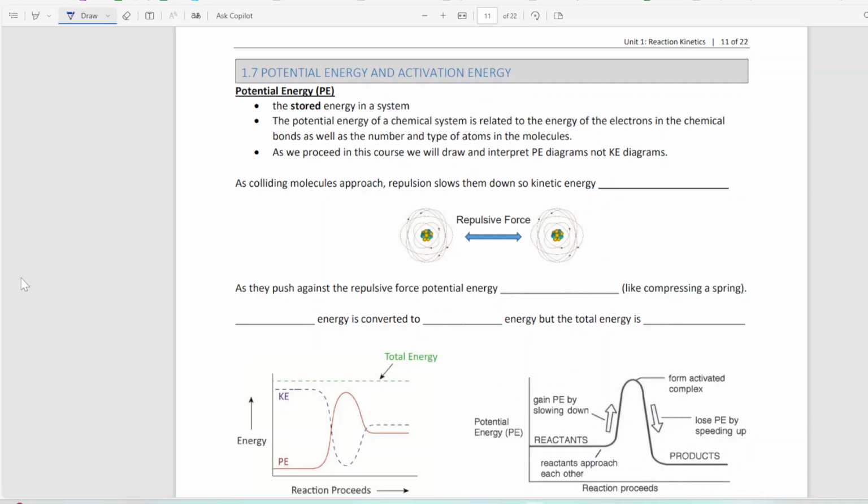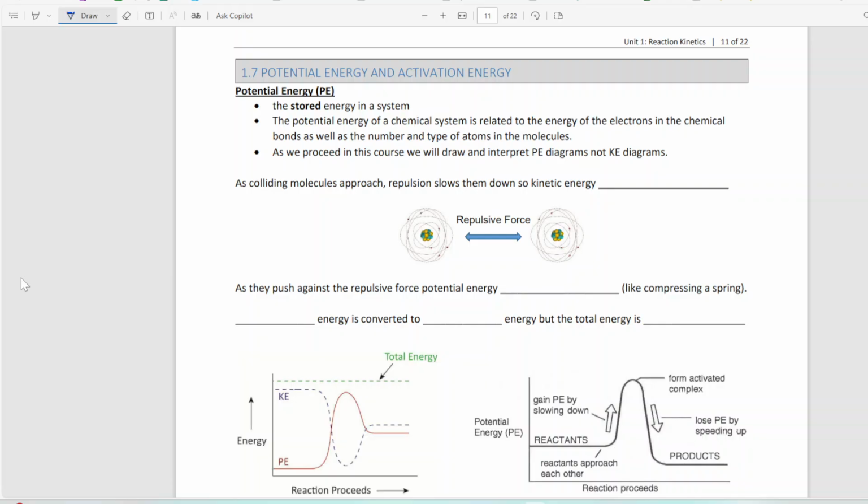When you're going to have a reaction, the molecules collide. But before they collide, the colliding molecules are going to approach each other, and there's going to be this weird repulsive force. So, repulsive force is when they push against each other. So, you've got these molecules whizzing towards each other, and then they get closer and closer, and they start repelling, so wanting to go the other way.